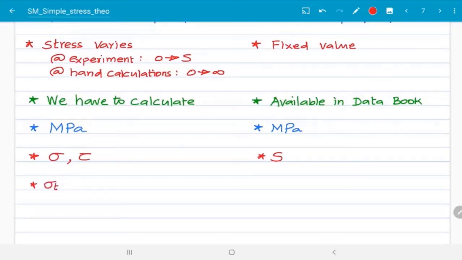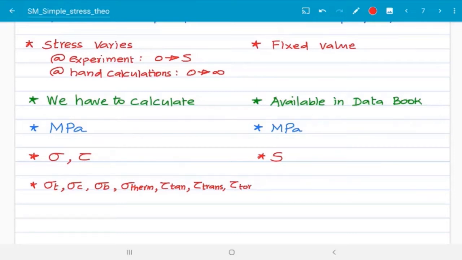Sigma T, sigma C, sigma B (bending normal stress), sigma thermal: four normal stresses. Then tau turn, tau trans, tau torsion: three shear stresses. So totally seven stresses are available.